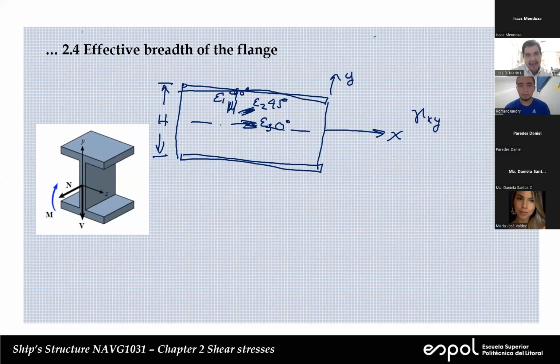Now, as you can see here, the center of the gauge is here, and the center of the gauge is here. So there is some vertical difference between this point and this point. They were supposed to be at the same position, but there is some difference.